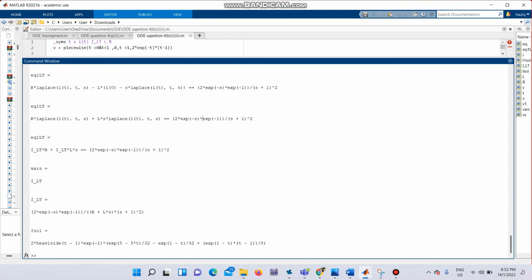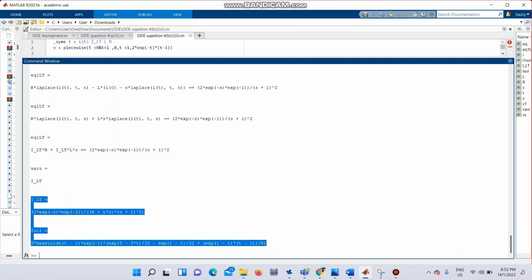Okay, the next is equation 1 LT, I_LT multiply R plus I_LT multiply L multiply s equal to bracket 2 multiply exponent bracket negative s multiply exponent bracket negative 1 over s plus 1 power of 2. So this is to determine the input of vars equal to I_LT, and this is the last answer that we get.